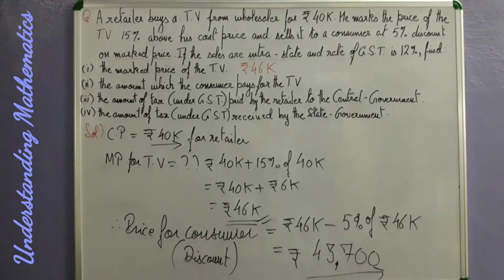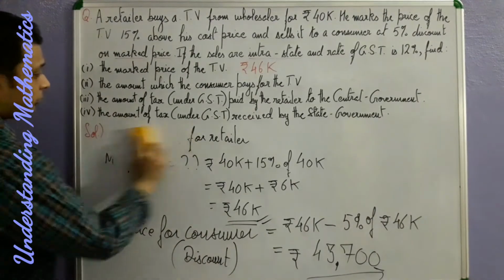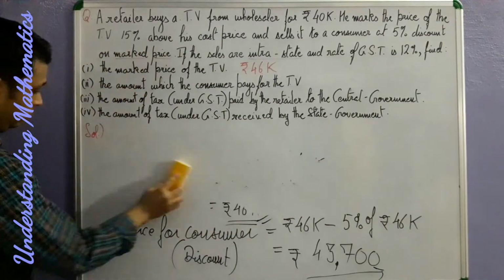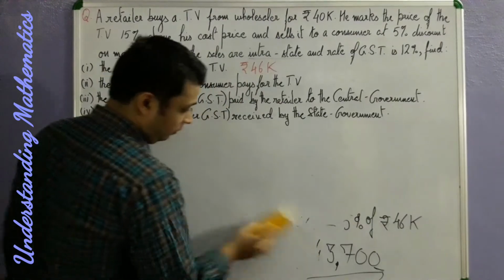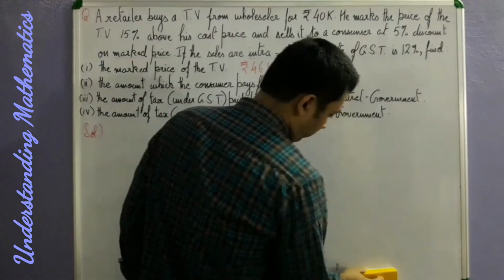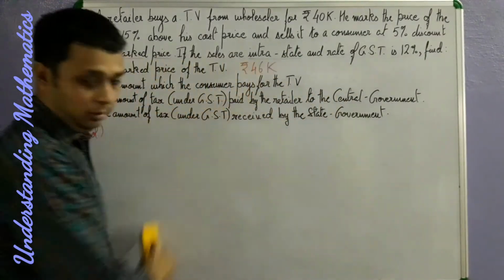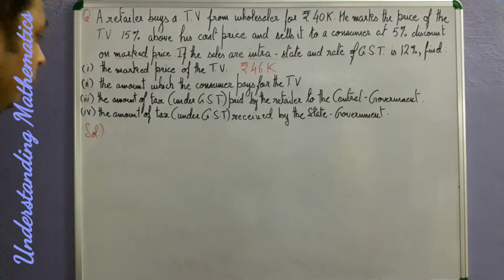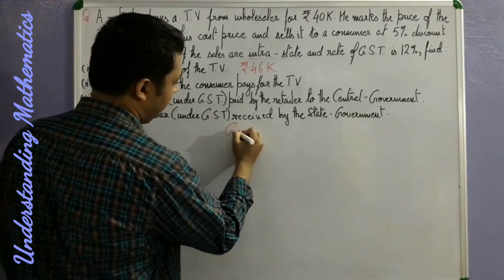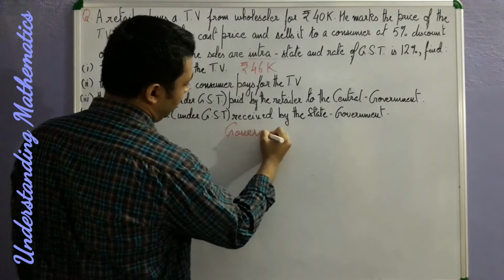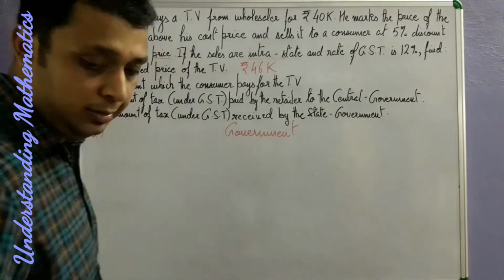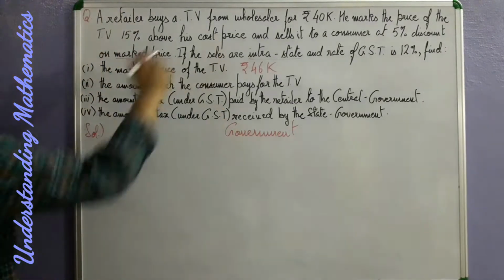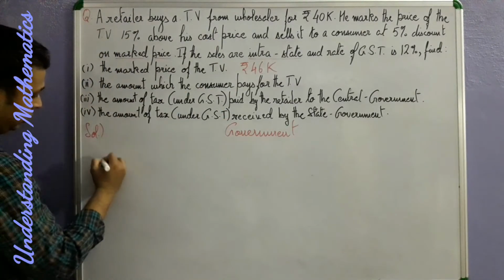So let me just rub the board for you. Okay, what is the first thing that we do in our conventional approach? We will make the government sit here. So this is the government, sitting and keeping a watch on all the transactions, and then the transaction starts from the wholesaler.